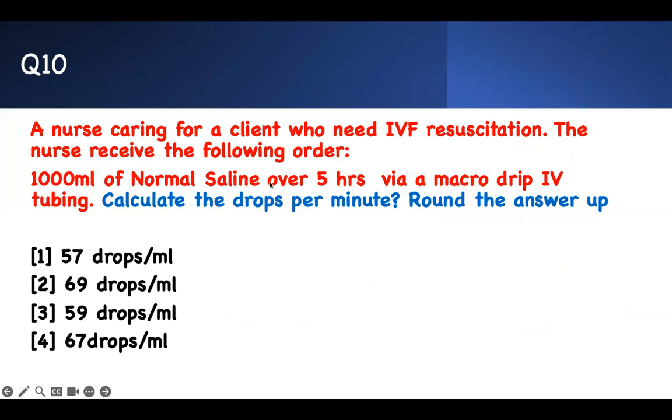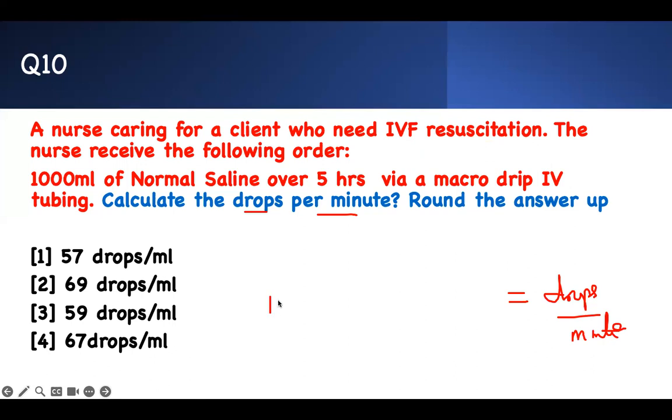What is the problem? Calculate the drops per minute. So this is our answer: drops per minute. What is my prescribed dose? They say 1,000 ml of saline over 5 hours.